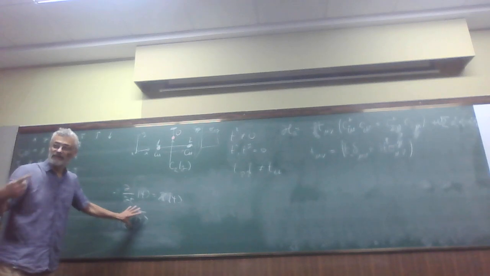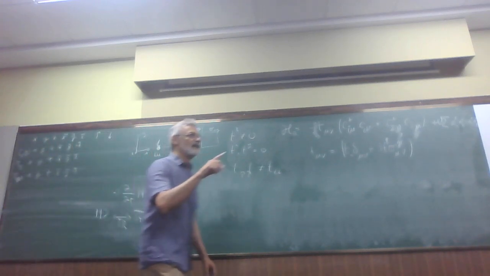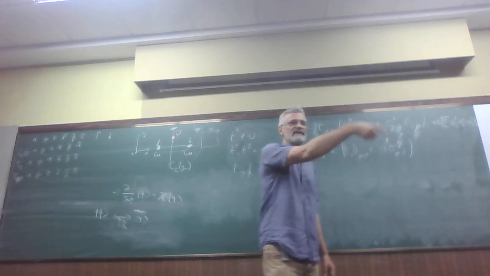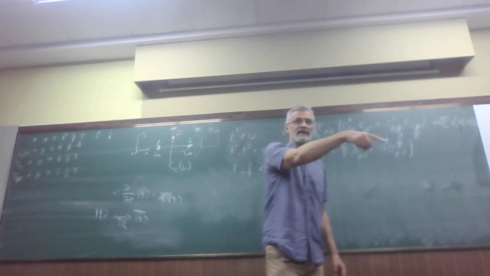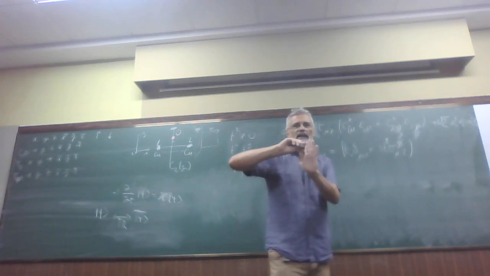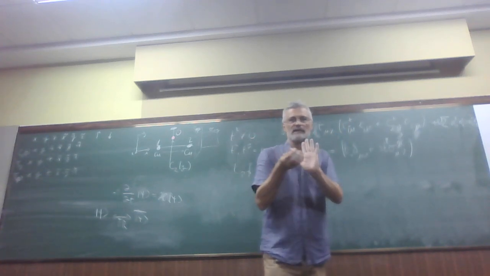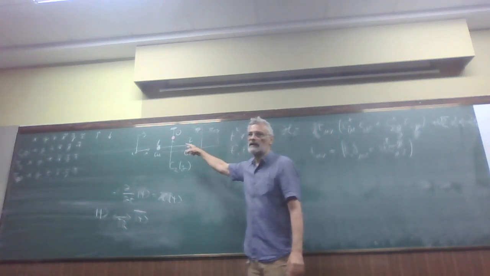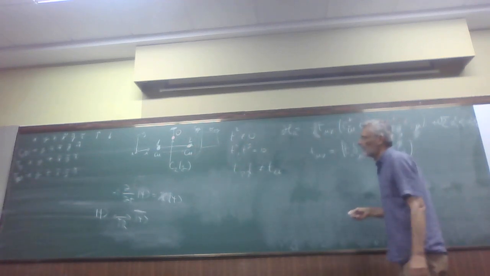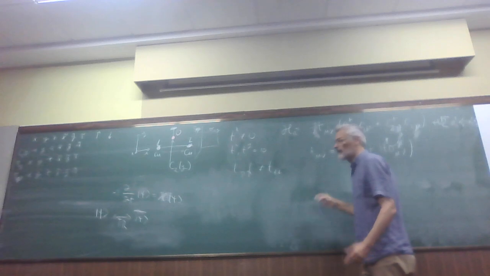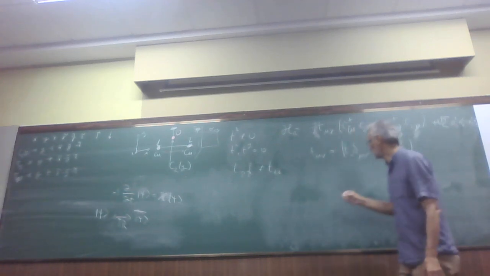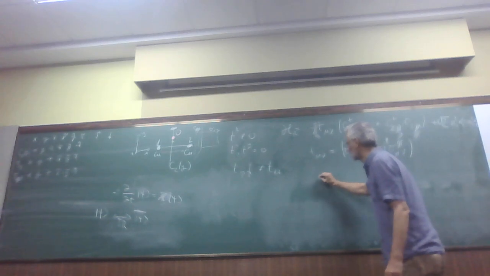What happens if we have spin? Spin, we can think of as something that rotates. If we reverse the time, it will rotate in the opposite direction. So it is as if we had applied a C2 rotation to the spin. We rotate the spin by pi. Okay, let's go slower.